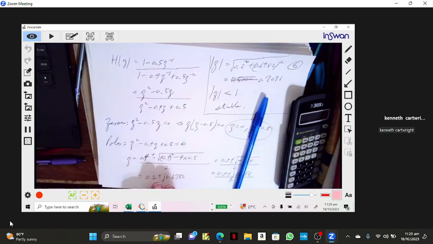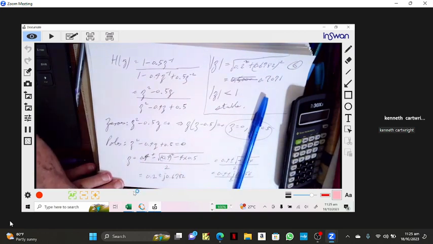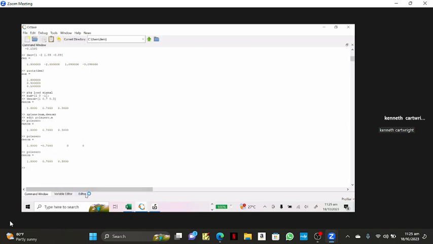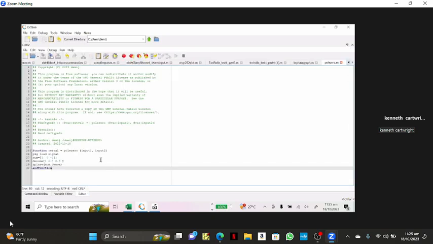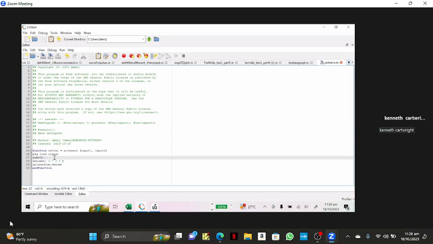Let's do this. What are the coefficients of the numerator? Tell me the coefficients for the numerator.